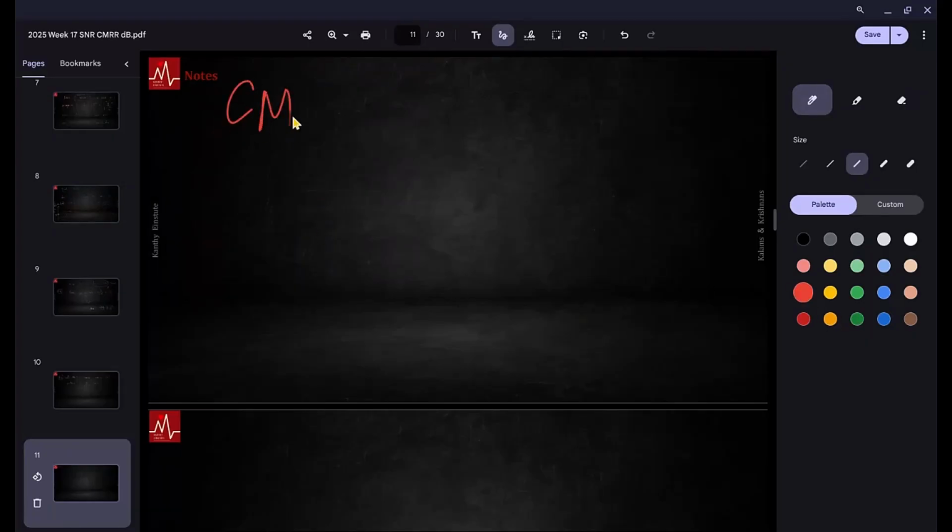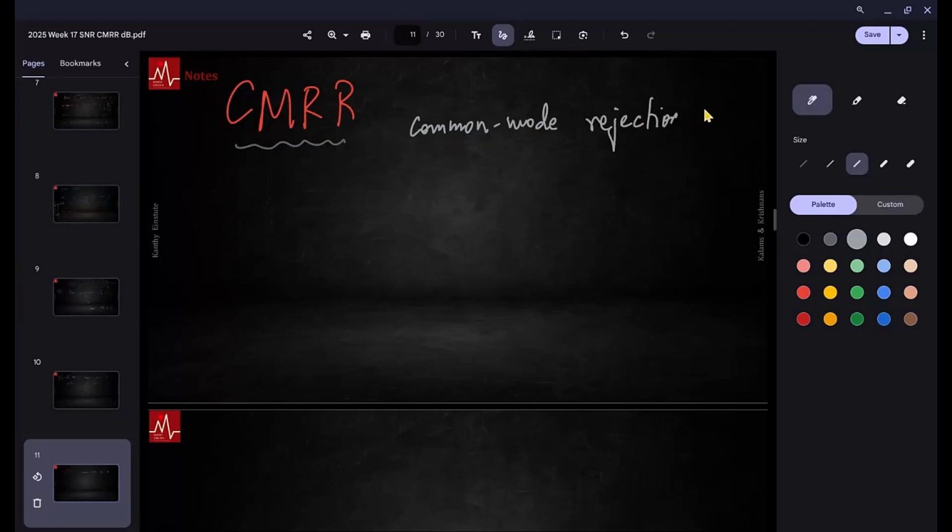So your CMRR, let's define what that is. Okay, this is common mode rejection ratio. So your CMRR is d log a of gain of signal.